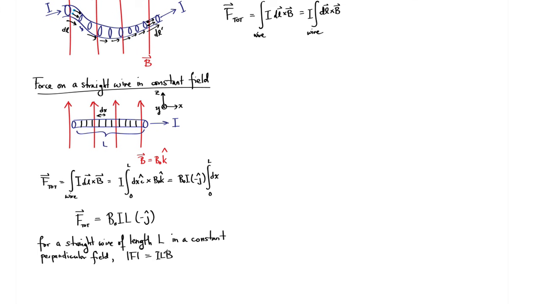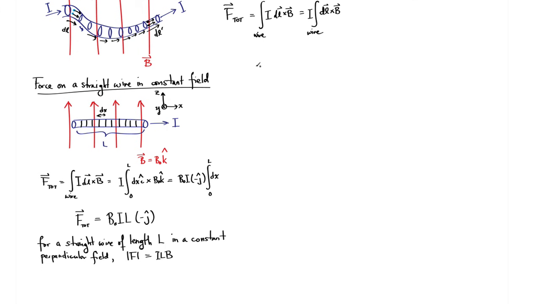The magnitude would have to pick up the sine of the angle in between. So when you take the cross product, we know that's the magnitude of the two vectors times the sine of the angle between the dl vector and the field. Okay? So this is a particularly simple example.